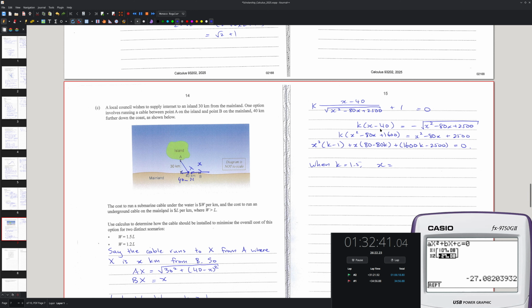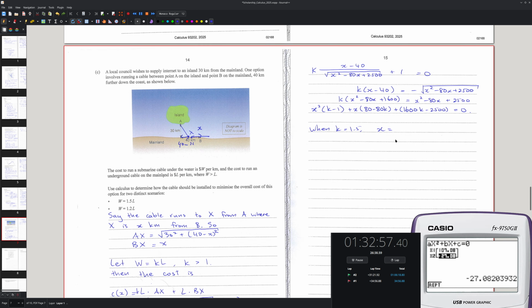I mean, the only thing I can think of is like when you square, some weird stuff happens, right? Like 1.5 x minus 40, negative square root of x squared minus 80x plus 2500. Holy, this is probably cooked.